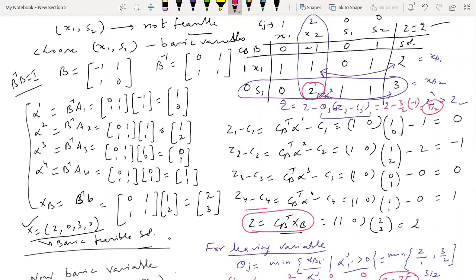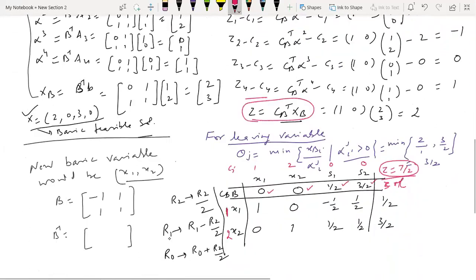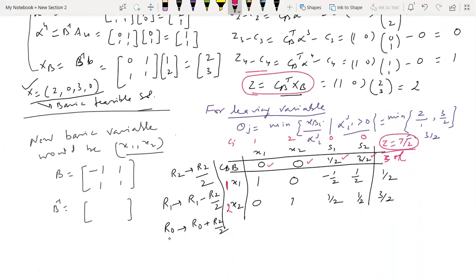So this was our prediction: if we enter x2 into the basis and leave s1 with this theta j, the next value of my basic feasible solution will be 7 by 2, which is more than 2. That's why we took this step, and finally we are able to construct the basic solution giving 7 by 2, which is more than the previous one, and I have a basic feasible solution.